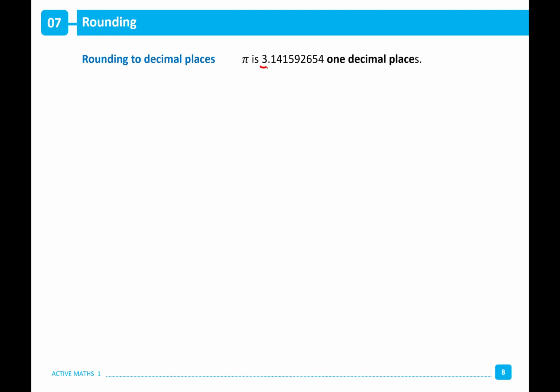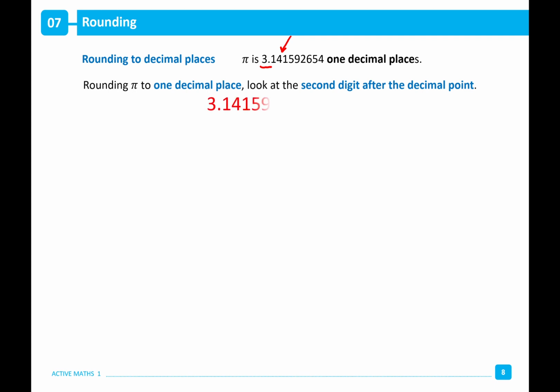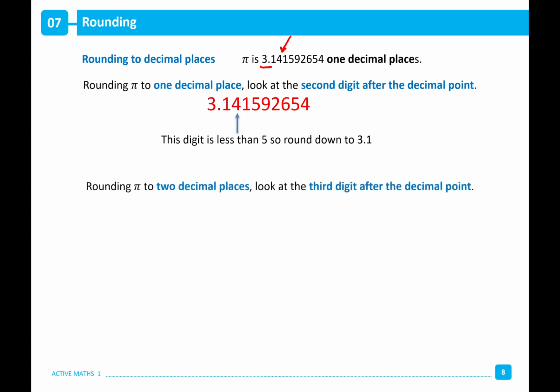So we need to keep the 3 and the point. If the number in the second decimal place is less than 5, then we round down. This means our answer is 3.1.